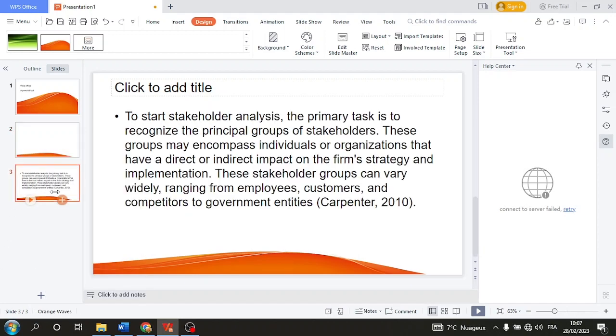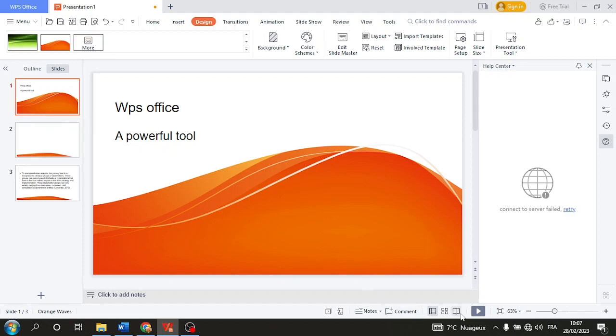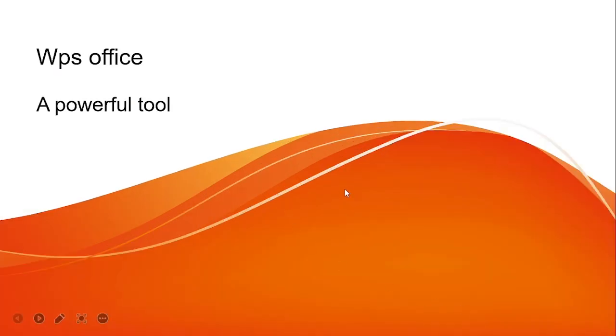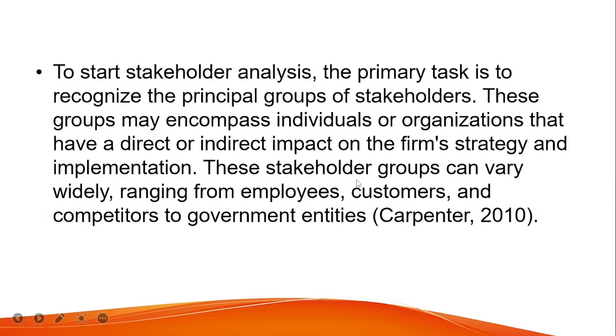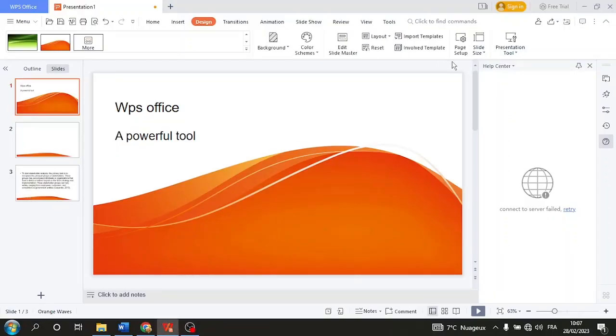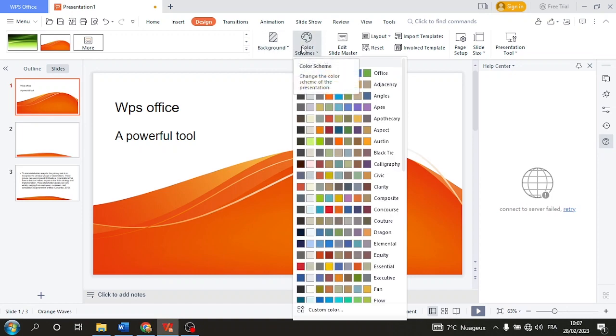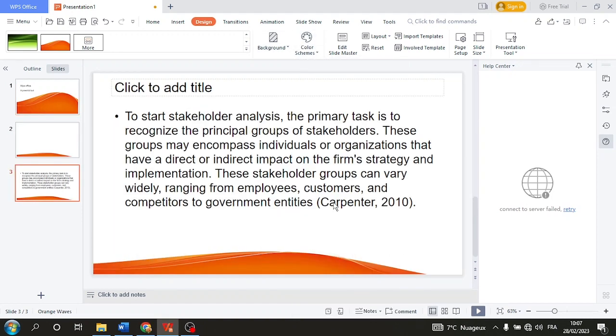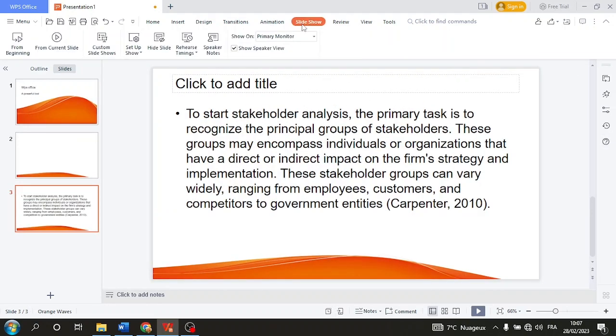Anyway, let's start again. Okay, WPS Office is a powerful tool. To start, actually, I liked it. So here is the color schemes that you want to choose and to use. Actually, so that's about PowerPoint.